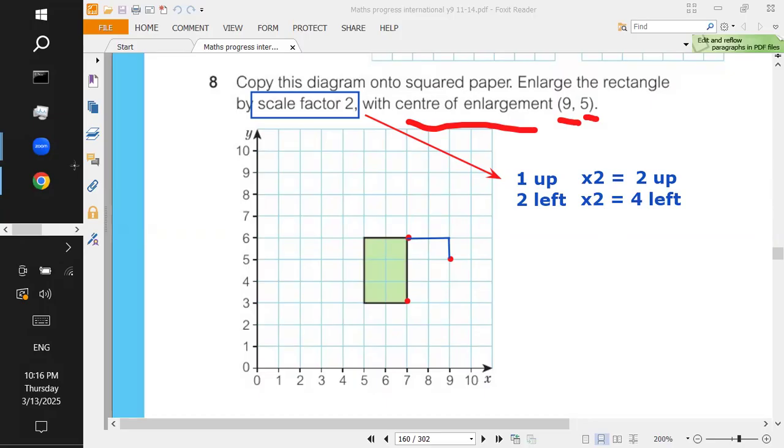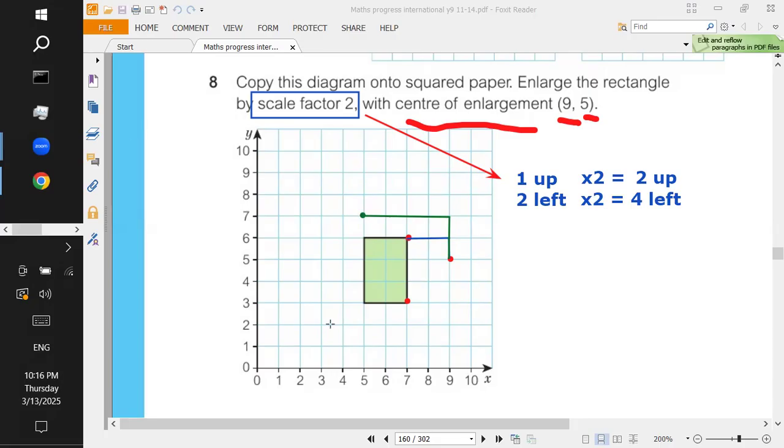Very good. 2 up and then 4 left. I'm going to start from the center here. I'm going to go 2 up, 1, 2, and then I'm going to do 4 left. So 1, 2, 3, 4, and this is the place of the new point. Now I just plot the new point over here. This means this point became over here.